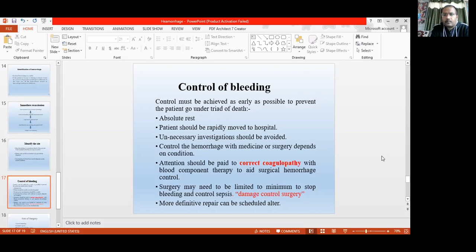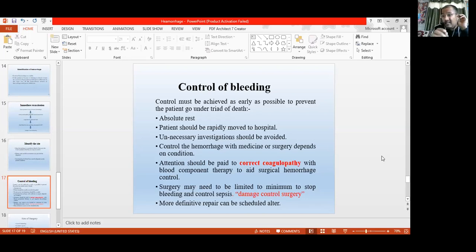Second, along with the process of resuscitation, you have to make arrangements to move your patient to a hospital which has all the facilities for investigation, resuscitation and a blood bank. So moving your patient towards the hospital should be the second step.